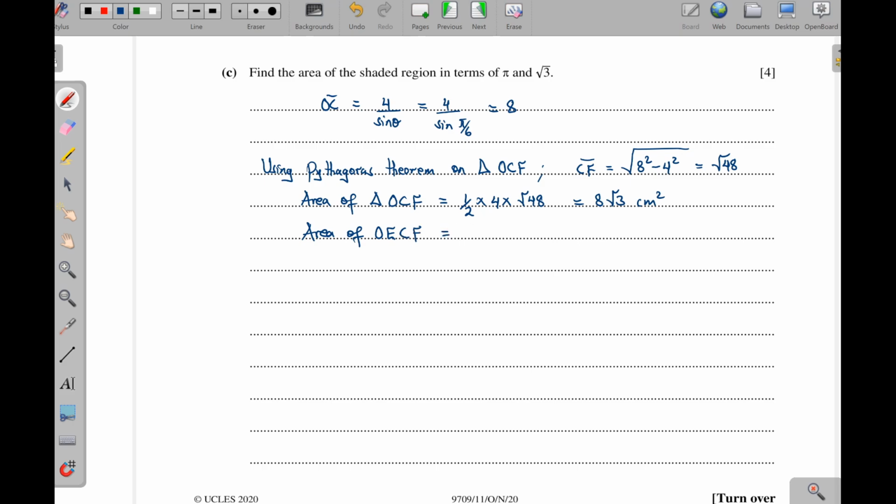OECF is going to be equal to 2, then times this one, okay? You have 8 root of 3, which gives us 16 root of 3 centimeters squared.